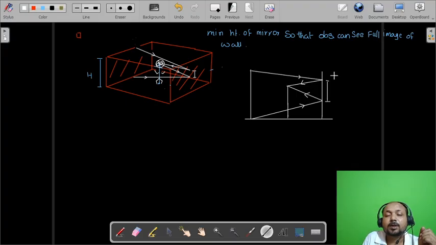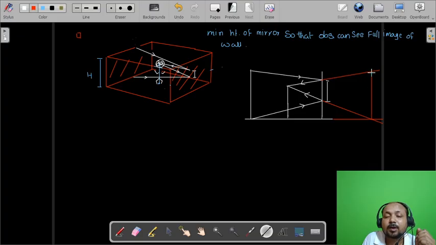So just extending the reflected rays behind the mirror, we will get the complete ray diagram of the complete image of the wall. It is the image of the wall that we have found out.